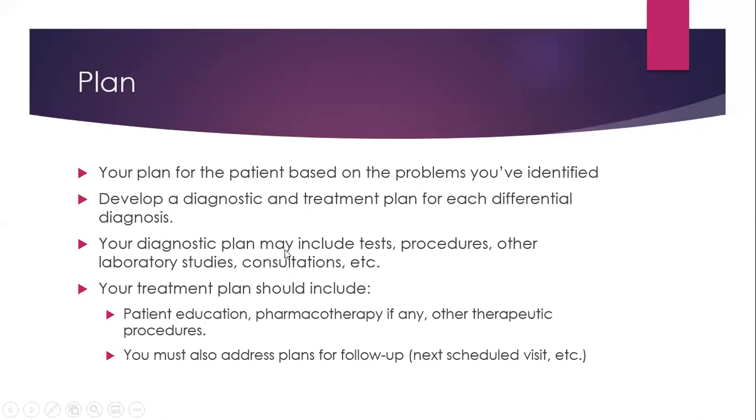Your diagnostic plan may include tests, procedures, and other laboratory studies. Your treatment plan should include patient education, pharmacotherapy, and you must also address the plan for follow-up. Planning is done to provide client care consistently and appropriately.